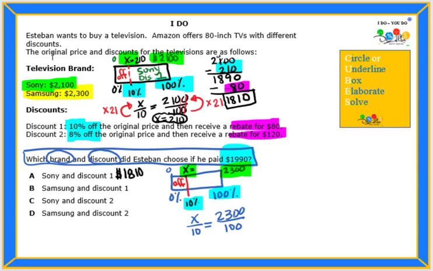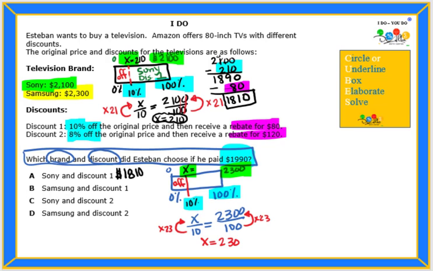We can divide both of them by 100 and get 23. Or we can see the relationship, 100 times 23 would give us 2,300. So 10 times 23 gives us 230. Right? So X equals 230.